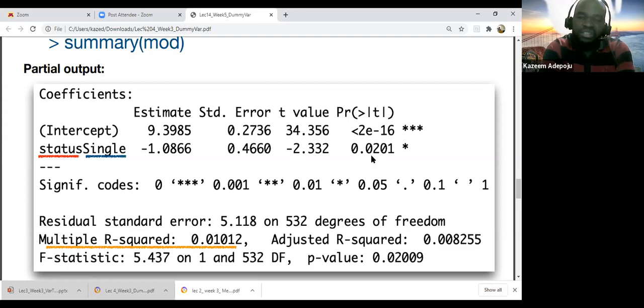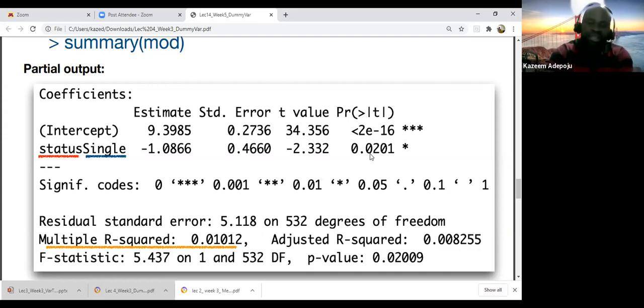If you want to take a decision right now, you can take a decision regarding the significance of beta 1. At the 5% level of significance, the p-value here is less than 0.05, which means it's significant, right?